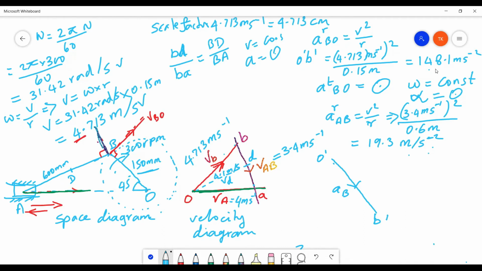The scale factor for this diagram need not be similar to that of the velocity diagram. They can be varied, but it should have a scale factor.